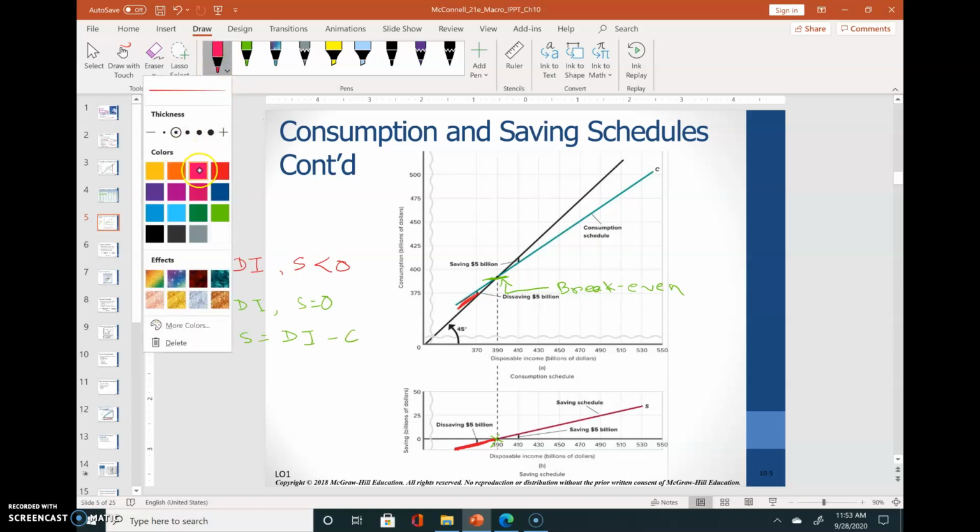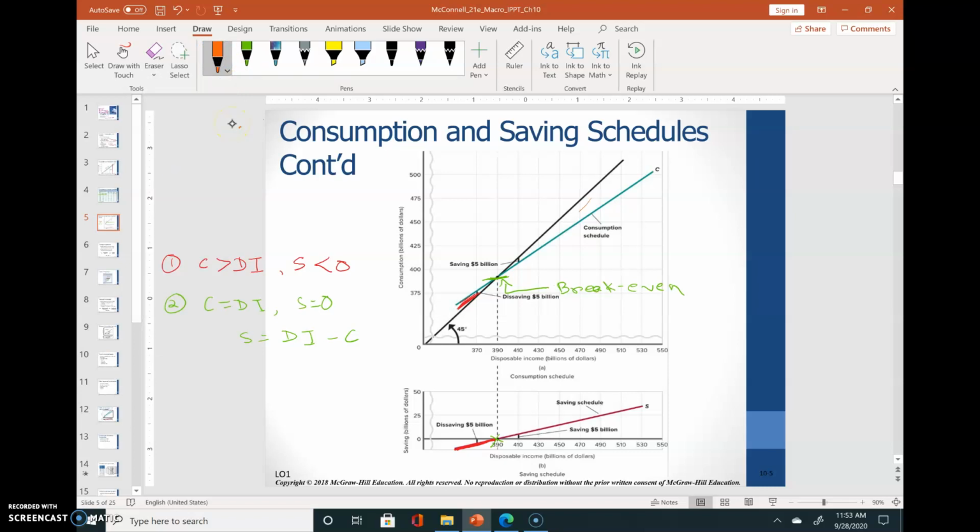Now then we can go to this point here. Here consumption is actually less than disposable income. Unlike this part, over this part we had consumption greater than disposable income.